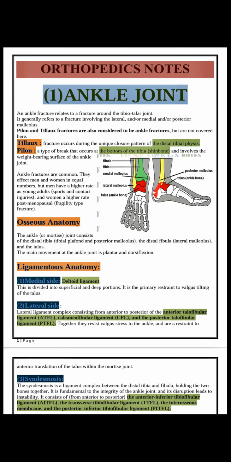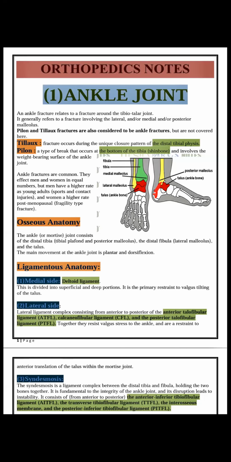Then we will go to the syndesmosis. The syndesmosis is the site where you have articulation between the distal tibia and fibula, especially the inferior tibiofibular ligament. This is the site of the syndesmosis, and you will have a complex of ligaments related to it.